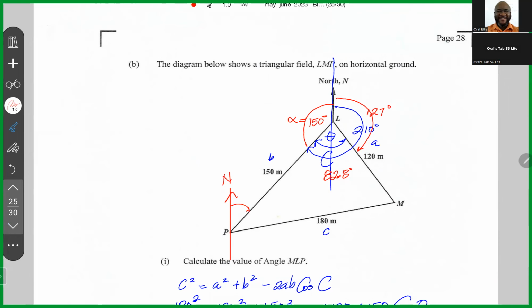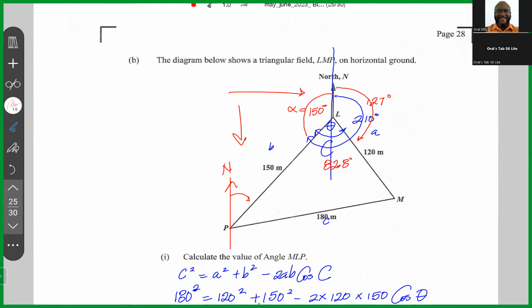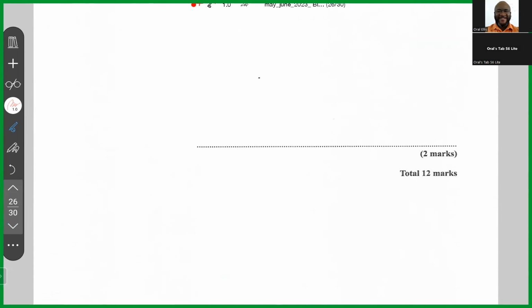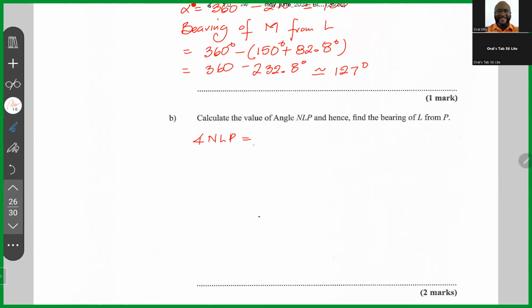All right, we already calculated this angle to be 150. These two angles are co-interior angles. That's this angle here and this angle here. They're co-interior angles, and co-interior angles add up to what? 180 degrees. So I can say angle NLP is 360, because we calculated it already, minus 210, which is 150 degrees.